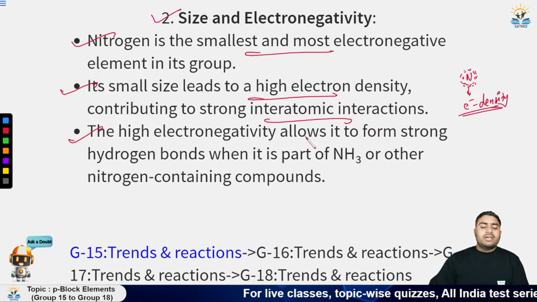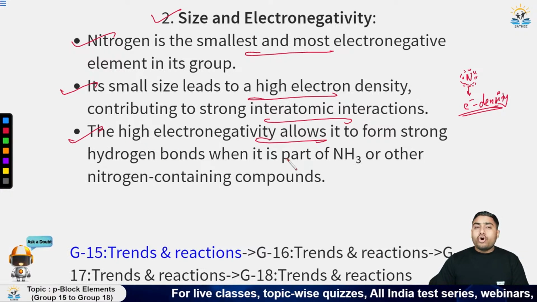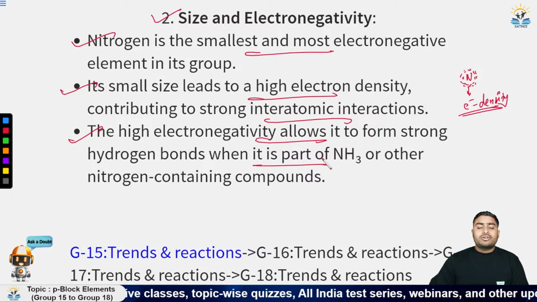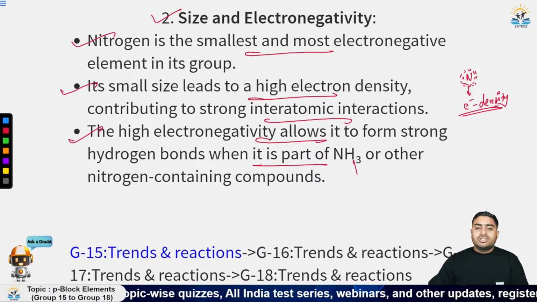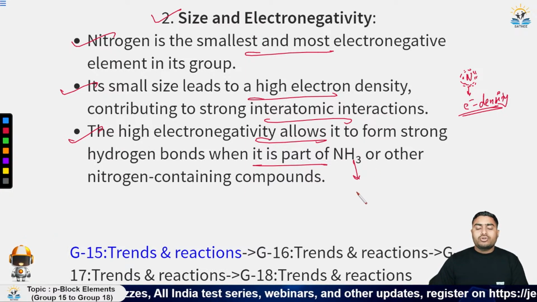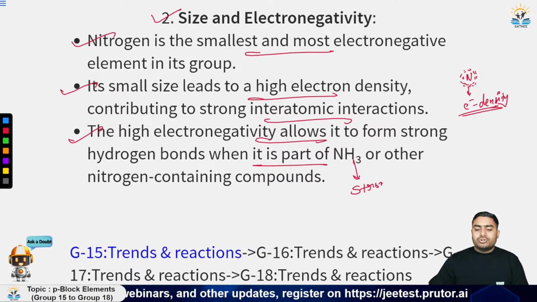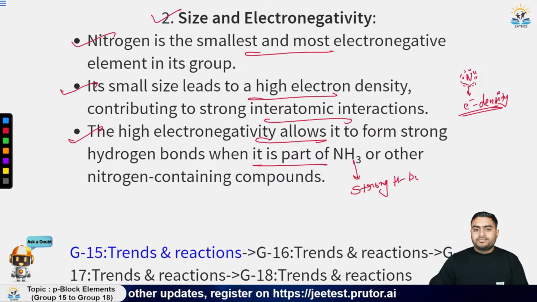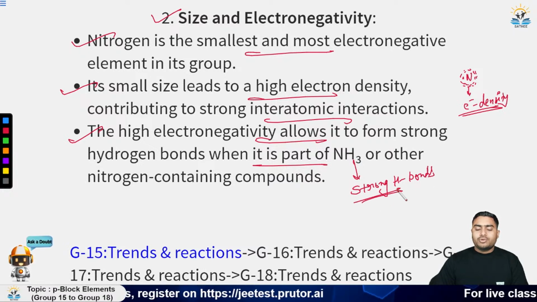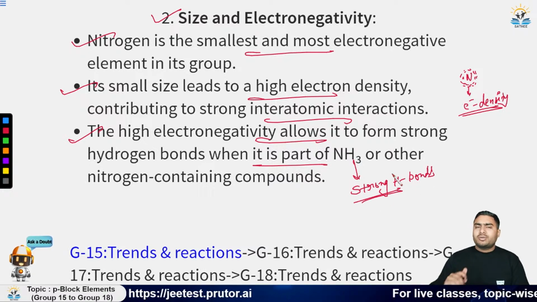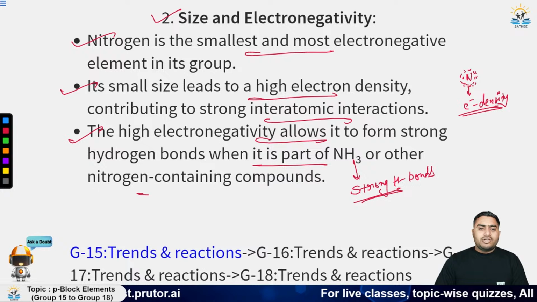The high electronegativity allows it to form strong hydrogen bonds when it is part of ammonia. So in the case of ammonia, it will form strong hydrogen bonds. You know very well about hydrogen bonding, intramolecular or intermolecular, in other nitrogen containing compounds.